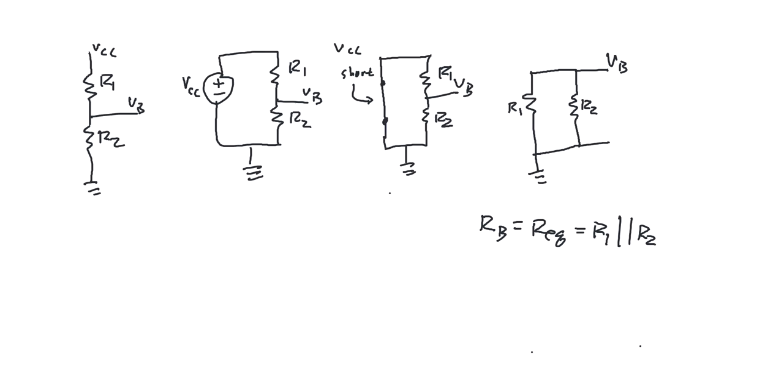It's a voltage divider from VCC, R1 and R2, the divider of those two. So let me write in that equation. VB is equal to R2 over R1 plus R2 times VCC.